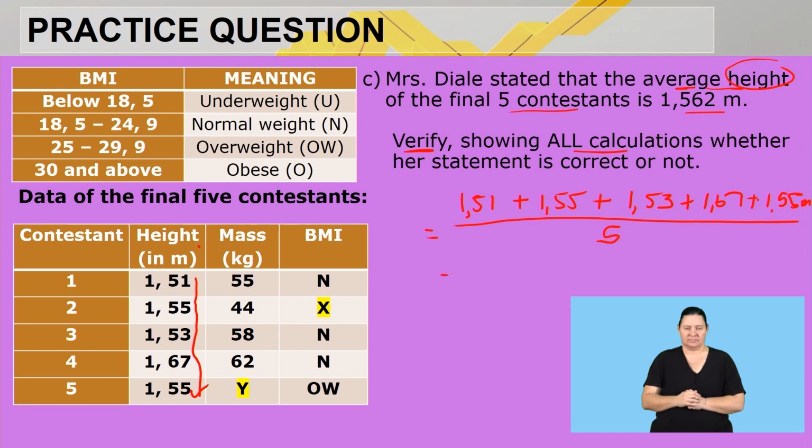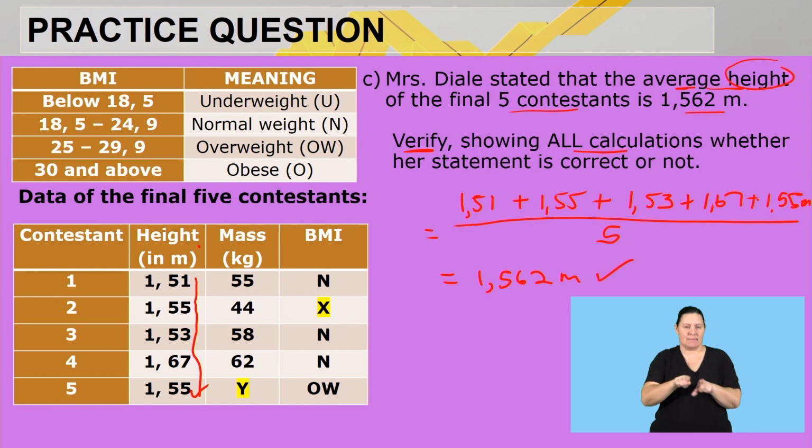So that gives me an answer of 1,562 meters. Looking at this, I'm going to read the statement again: Mrs. DeHarley stated that the average height of the 5 final contestants is 1,562 meters. Now looking at my calculation, I got the exact same answer.